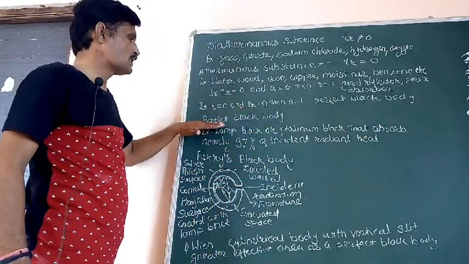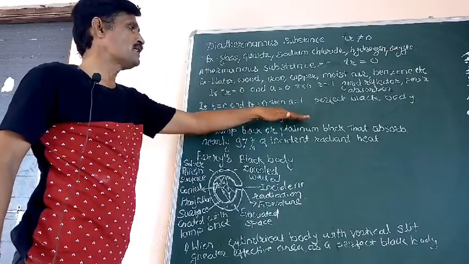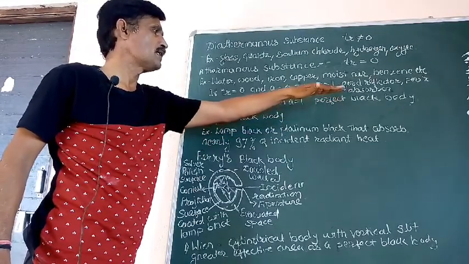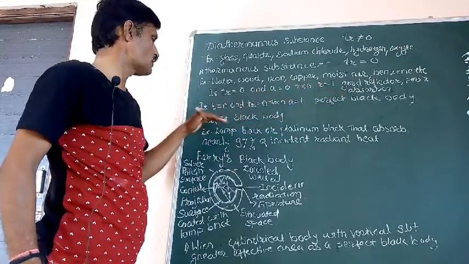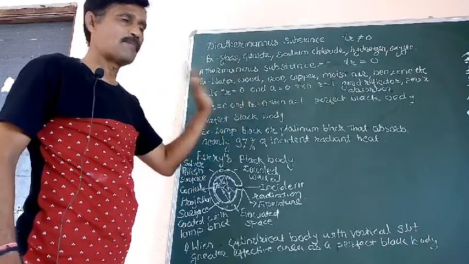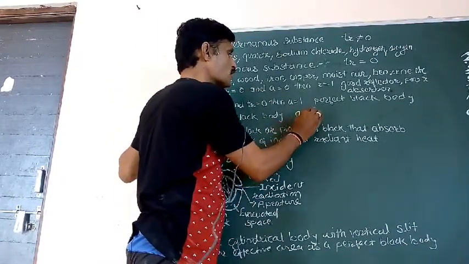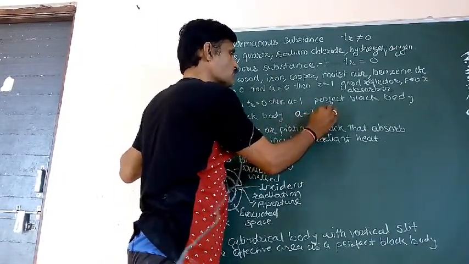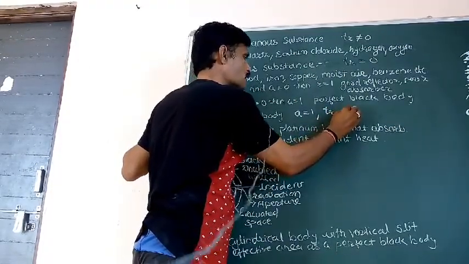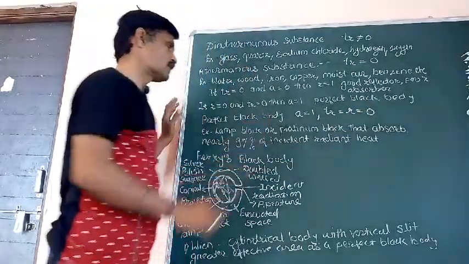Its definition is the substance which completely absorbs the heat radiation or thermal radiation incident on it. In perfect black body, coefficient of absorption is 1, and transmission and reflection coefficients are both 0.